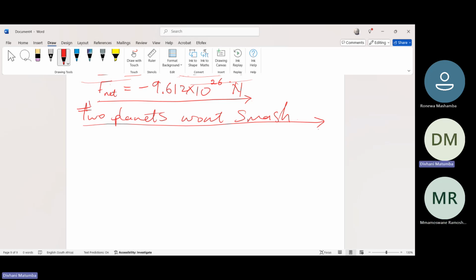And if you have two planets, what is the value of R?